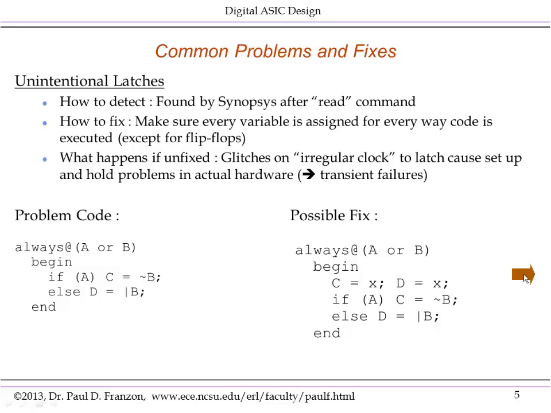One way to do that is to use defaults. Here what I've done is pre-defaulted C and D to don't care, assuming that's my logical intent. This way C and D are assigned every time this block is executed. That means there's no memorization of C and D between executions of this block, and we don't have any latches.